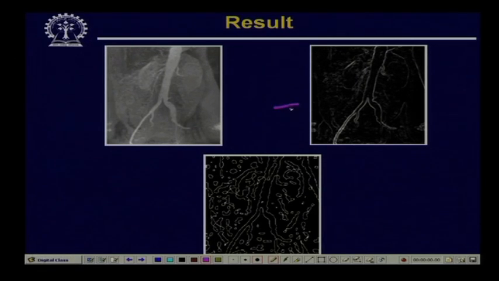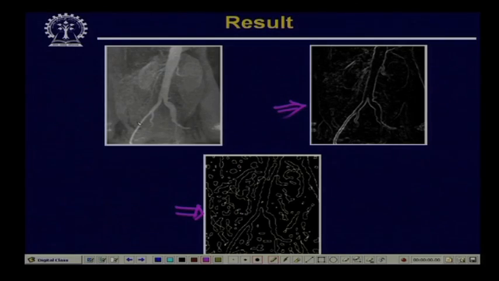And the bottom one shows the output of the LOG operator. So, here you find that all these bright edges are actually the location of the edges present in the original image.